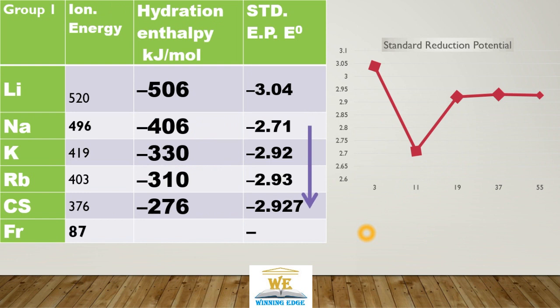It can be explained using the properties ionization energy and hydration enthalpy. Both ionization energy and hydration enthalpy for lithium are fairly high compared to other elements. But here it is not that big a difference.